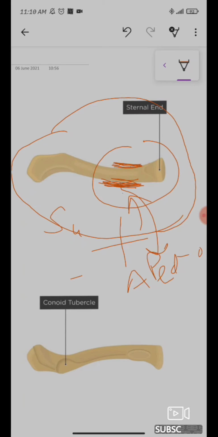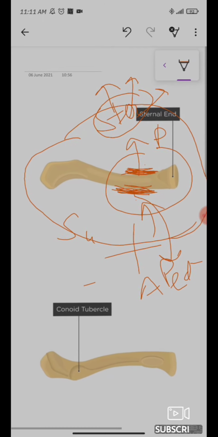Now here, this posterior part of the superior surface gives origin to the sternocleidomastoid muscle. Why are we saying sternocleidomastoid muscle? Sterno means sternum, cleido means clavicle, mastoid means it is inserted into the mastoid process.